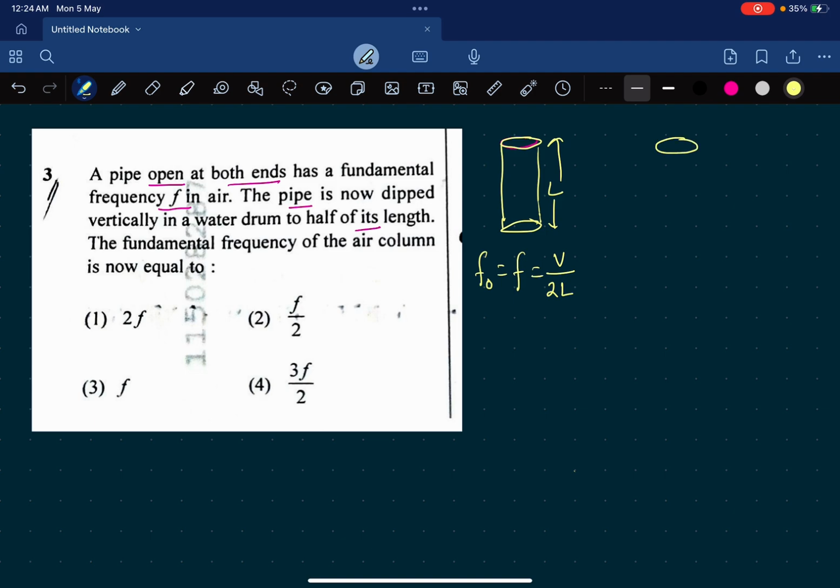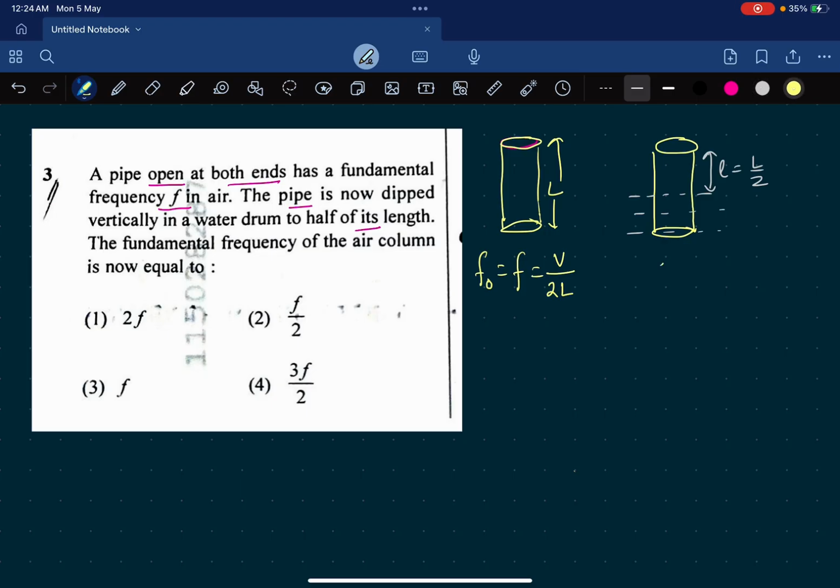Now, according to the question, the pipe is dipped into water. Okay. How much length remains outside? Half of the length. Now this particular pipe becomes a closed organ pipe, and closed organ pipe whose length is equal to small l, let's say small l.